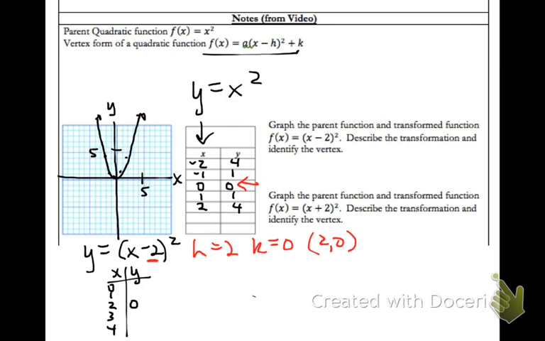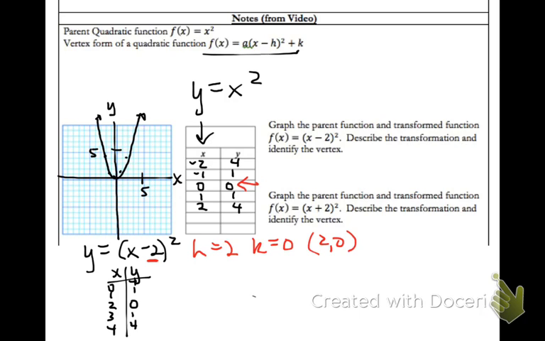I'll place 1 into my equation, subtract 2, which is negative 1, square it, which is 1. Do the same with 0, and I'll get 4. Then 3 into my equation, subtract 2, and then square that, 1 and 4.